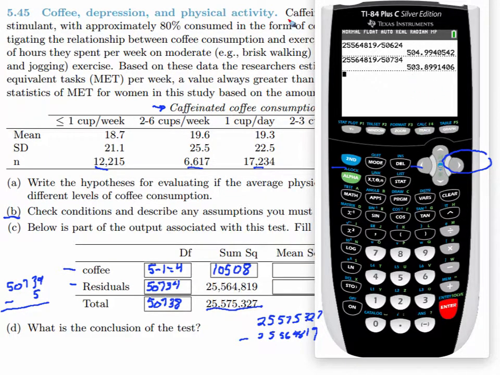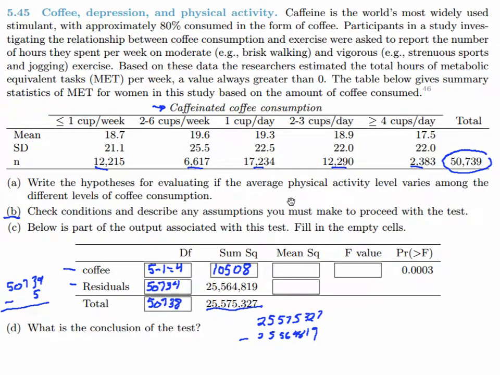We're going to take the sum of the squares and divide that by the degrees of freedom. So I'm going to take 10,508 and divide that by 4. And we get back 2,627.